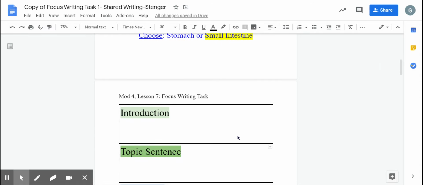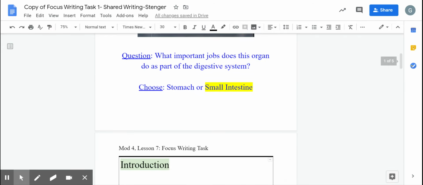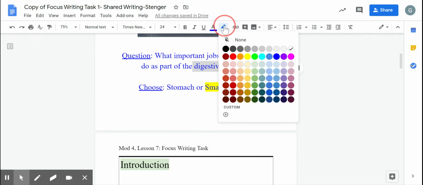Okay, here are the two sentences we will try our best to answer and fill in today. Good writers have an introduction sentence so that they know for their readers what the whole writing is all about. So, we know we are probably going to need to include the words digestive system in our introduction sentence.